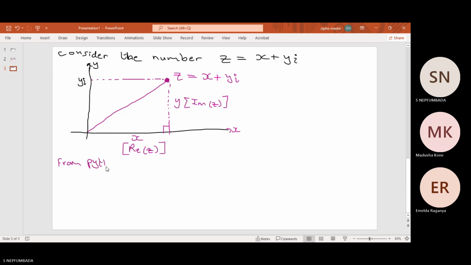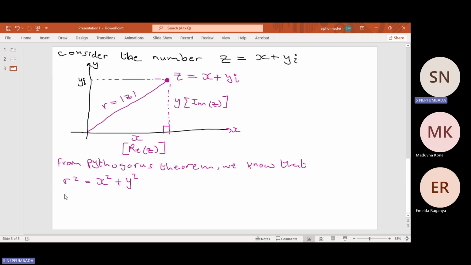From Pythagoras theorem, we know that our r squared, remember r is equal to the modulus of Z. Are we good? Then from the theorem of Pythagoras, we know that our r squared is nothing but x squared plus y squared.